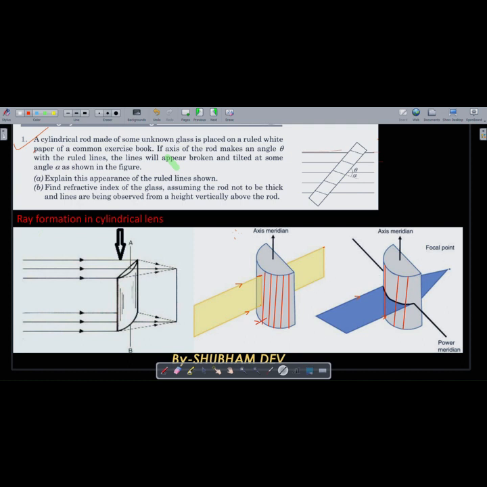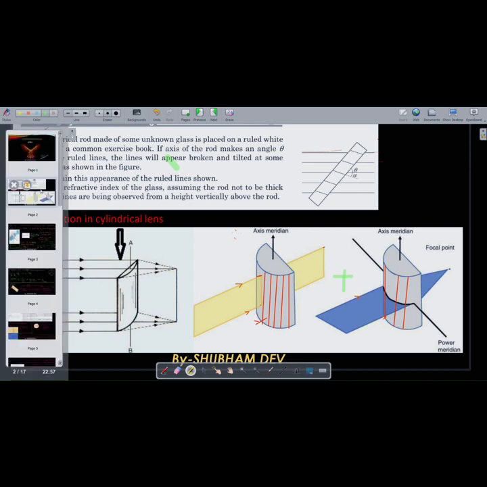As we have seen the ray formation in a spherical lens, the rays converge or diverge in lenses. So here also, in the first part, parallel light rays go through, just acting like a glass slab, and for the perpendicular light rays, it is acting like a spherical lens.